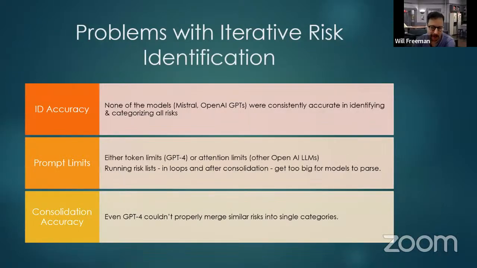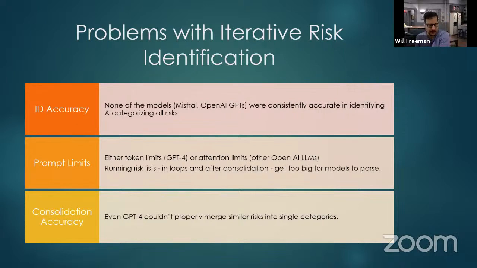This did not work all that well for a number of reasons. One was just general accuracy. The models over many iterations would miss things, especially when they only had a very high level risk taxonomy to start with. There are obviously prompt limitations that I talked a lot about already, and then consolidation accuracy.